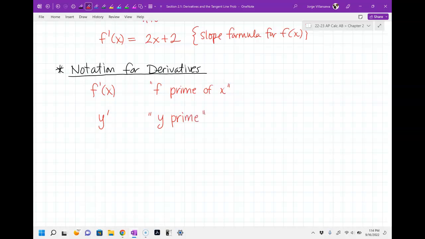So anybody here a Transformers fan that's willing to admit it? I am, but if you're a Transformers fan, you know why they're called primes? Because they're all derivatives of each other. That's why they're called Optimus Prime, okay? So they're called primes because there was one before, and then there was a derivative of that one, and a derivative of that one.